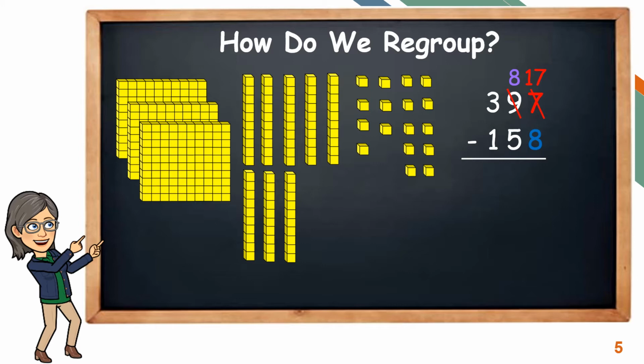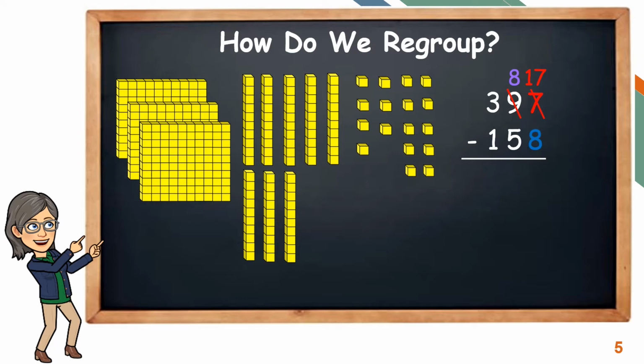Now look at the digits in the ones place in both numbers in the subtraction problem. Did regrouping give us more ones in 397 to be able to subtract the ones in 158? If you said yes, regrouping gave us more ones, so we can now subtract in the ones place. You are absolutely correct. Now we can subtract 8 ones from the 17 ones in 397.